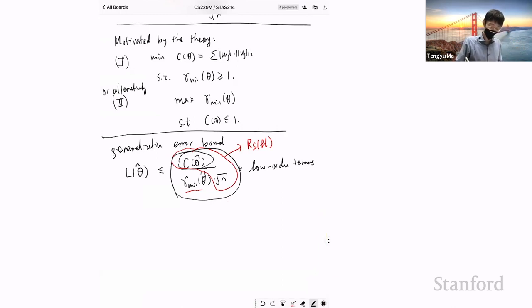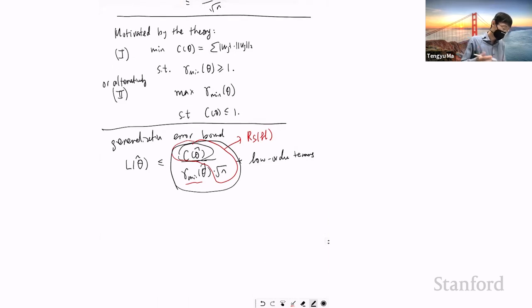Maybe let me write it down just to be clear about what I really mean. Let's say hat m is the minimizer of, say, program 1. And m indexes how many neurons you are using.